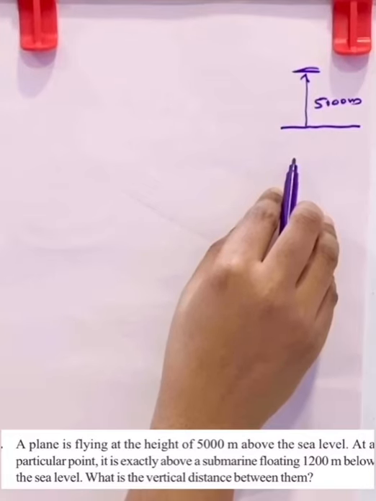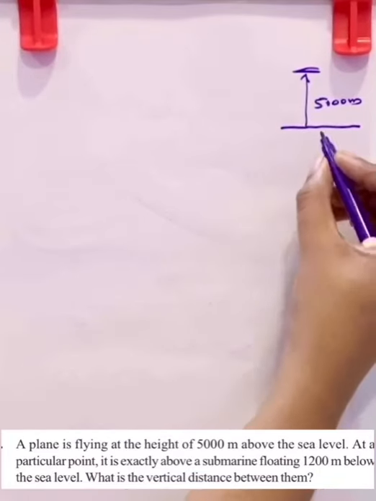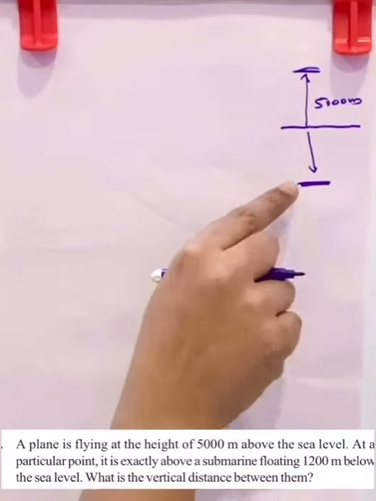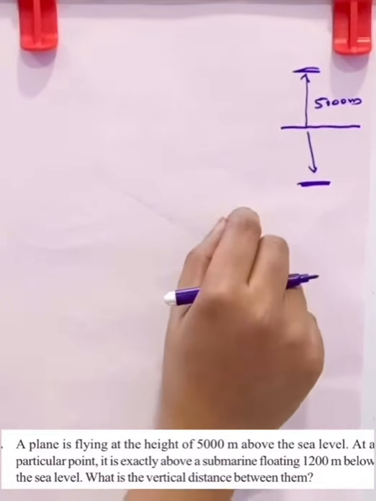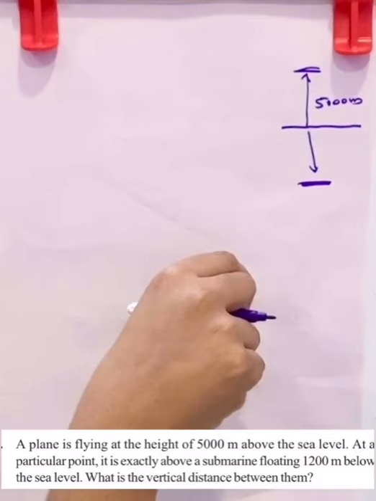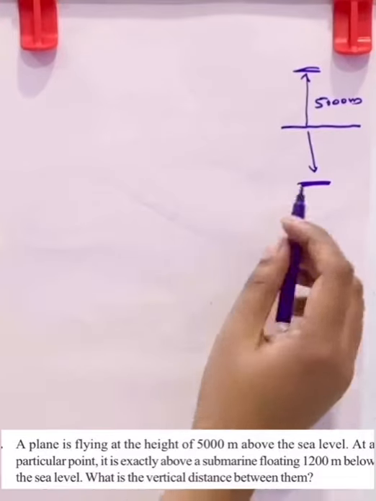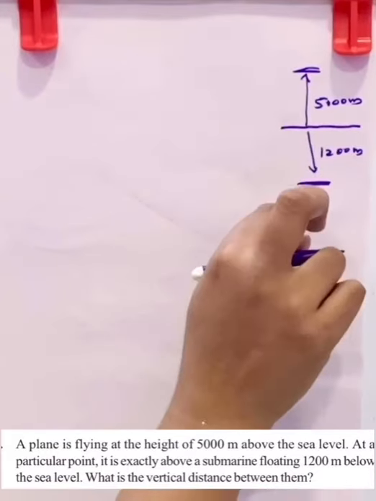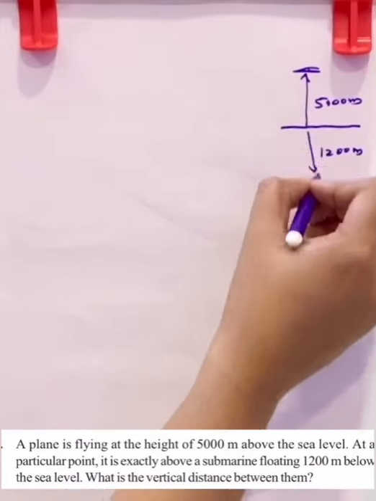At a particular point, it is exactly above a submarine floating 1,200 meters below sea level. Now, what is the vertical distance between them? What is the distance between these two?